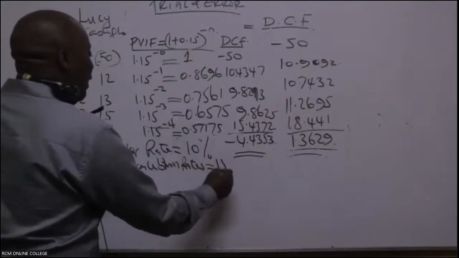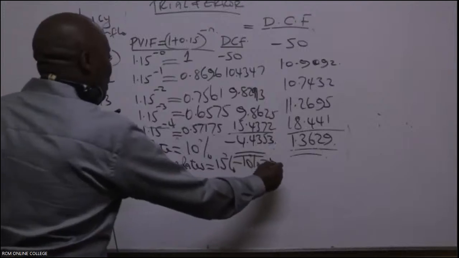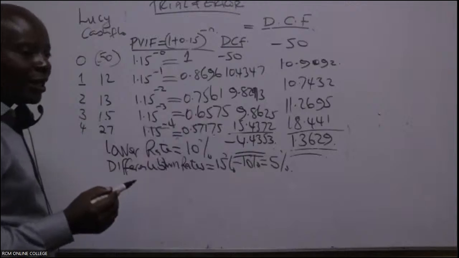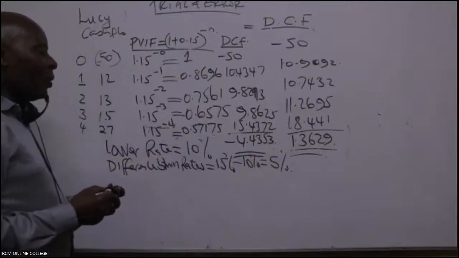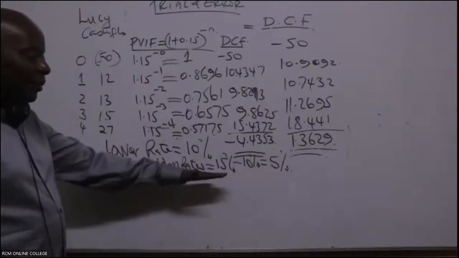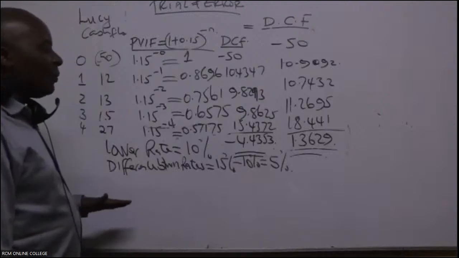Difference means you're subtracting 15% minus 10%, so this gives me 5%. Let me know whether you've been able to write up to the difference. Yes, thank you very much.